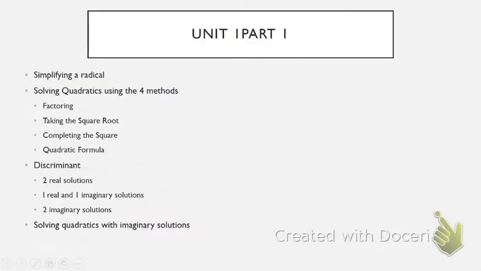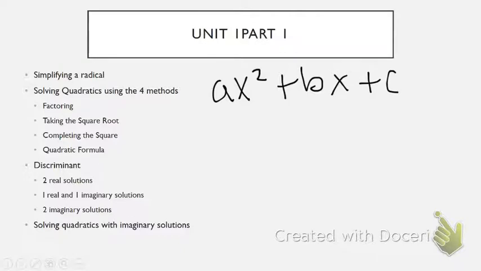After we simplified radicals, that little piece of information, we solved the quadratics, which I hope at this point in time you know what a quadratic is. If you do not, just as a reminder, standard form for quadratic is ax squared plus bx plus c.